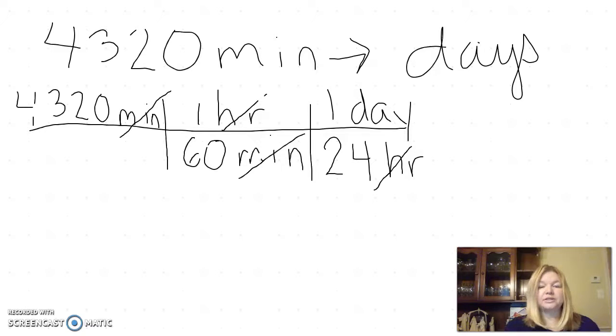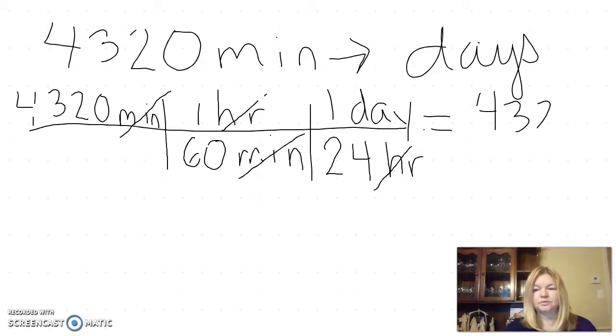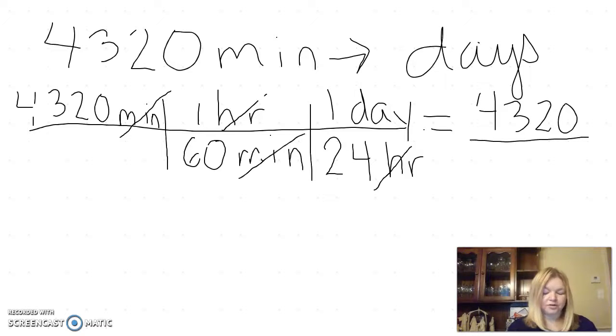So the way we do that is to just multiply across the numerator, which 4,320 times 1 is just 4,320. That's pretty easy. Divided by 60 times 24, which I did out earlier. I think it was 1,440, if I recall. You can do that on your own just in case I'm messing that up.